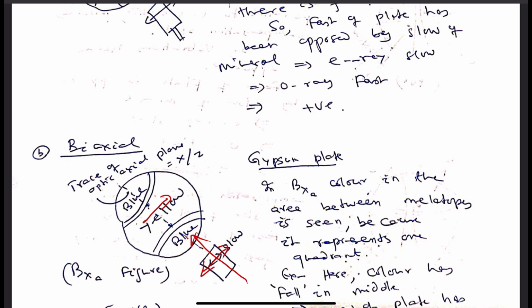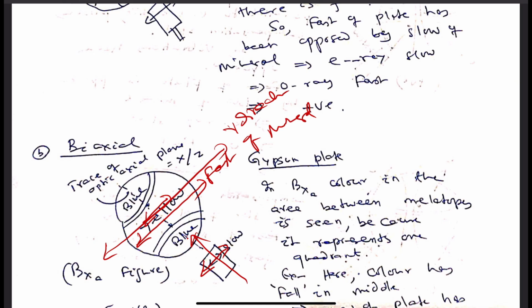This is the slow of the plate. Here the color is yellow, so there is a fall. So the slow of the plate will be parallel to the fast of the mineral. So the direction of this will be the fast, which is the Y direction.